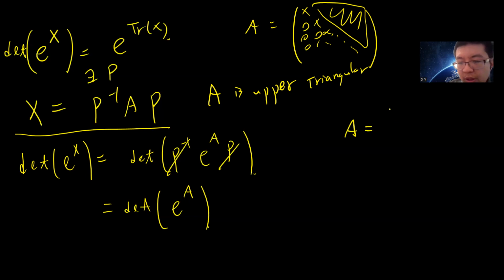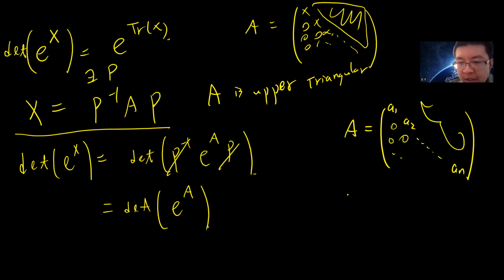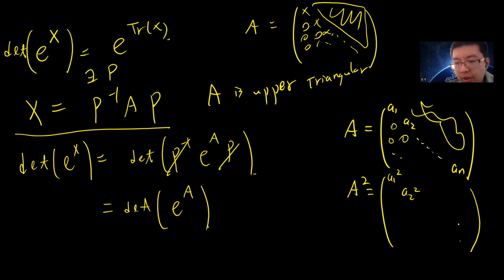It's basically, let's say, A1, A2 up to AN on the diagonal, with zeros below and something above. If you square A, you will get A1 squared, A2 squared, AN squared on the diagonal, with something above and zeros below. So for any power k, this will be A1 to the k, A2 to the k, AN to the k.